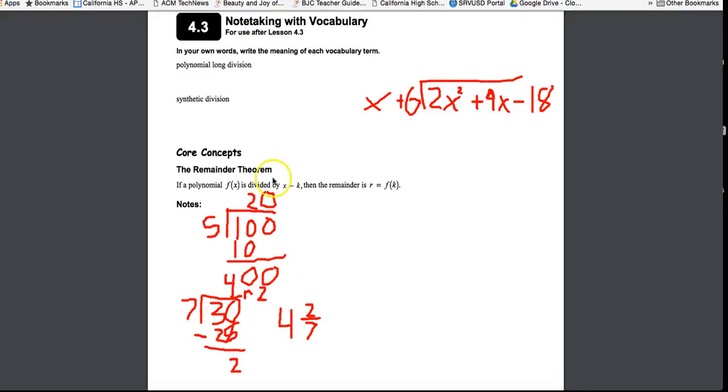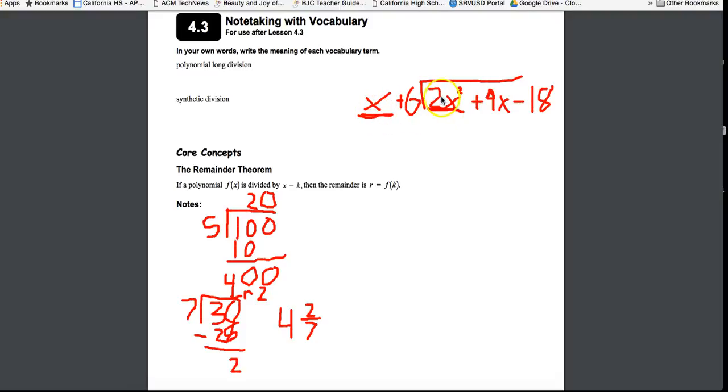So let's look at this example where we actually divide our dividend, which is 2x squared plus 9x minus 18, by a polynomial, our divisor, which is x plus 6. So what we're going to be looking at, the whole time you're doing polynomial long division, you're concerned with multiplying your divisor's first term by whatever it takes to equal your dividend's first term.